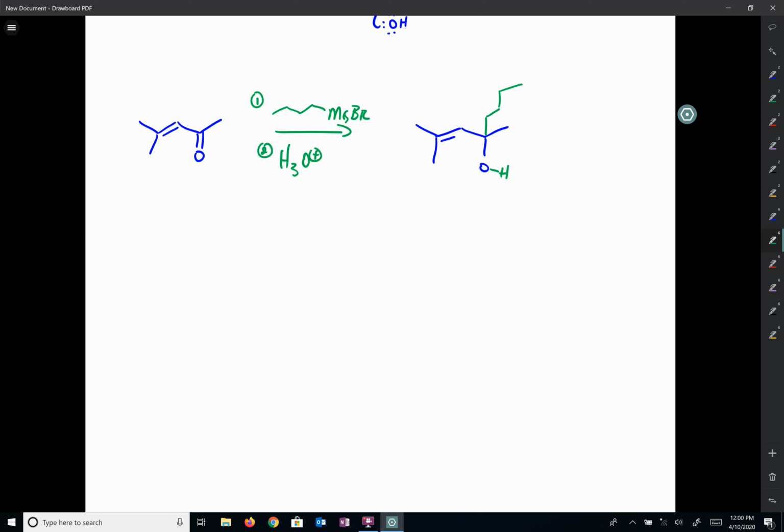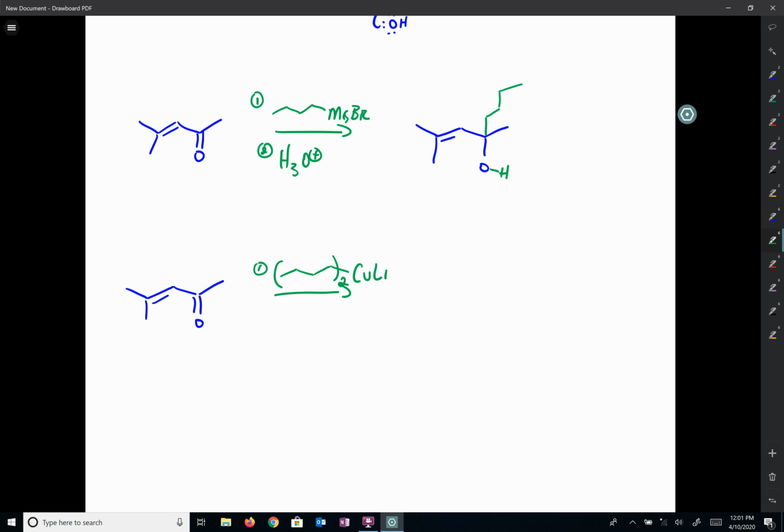And if we take the same starting material here, and now we use our softer organometallic, right? So let's say that we instead use our copper lithium salt there, okay? Now remember we said that these copper lithium salts are going to behave a little bit differently.